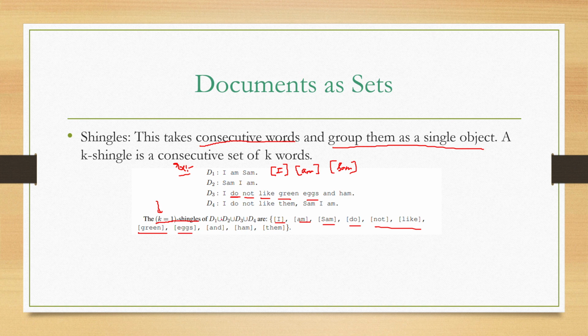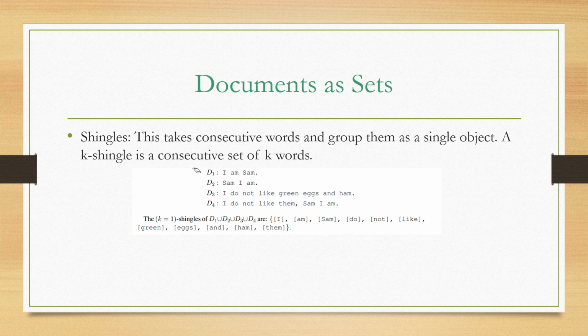If you see it is represented as a union, so it indicates that we only have to write any particular element once, and we will not be writing any element twice in this set. So this is how we obtain the k equals 1 shingle.